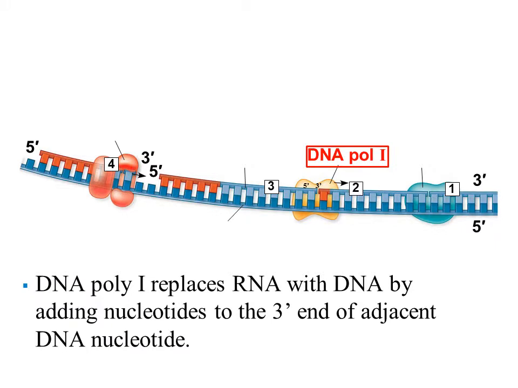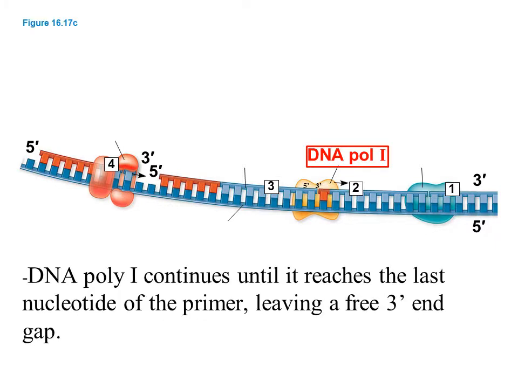DNA polymerase 1 replaces RNA with DNA while adding nucleotides to the 3' end of the adjacent nucleotide. DNA polymerase 1 continues until it reaches the last nucleotide of the primer.